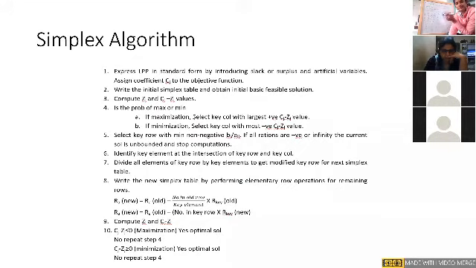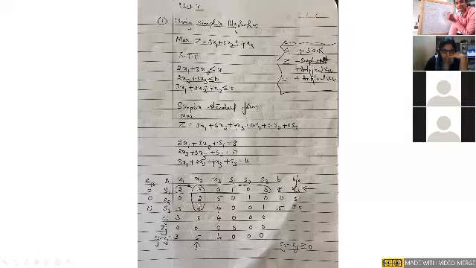Now we completed this particular table. This is the key column and this is the key row. The common element of key row and key column we call the key element, which is 3. Key element is 3.